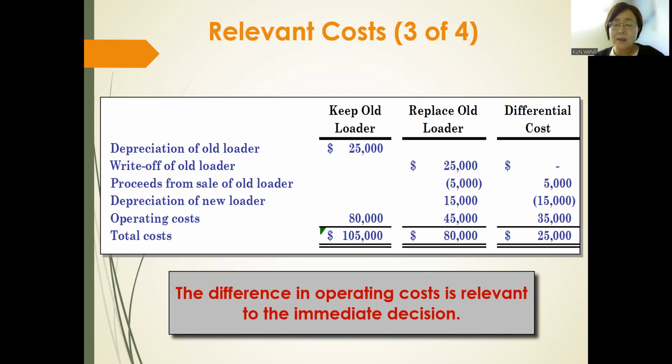And after practice, as you get more confident with the data, you can clearly see you can ignore the 25,000 in both of the decisions, right? Because they are non-differential costs.